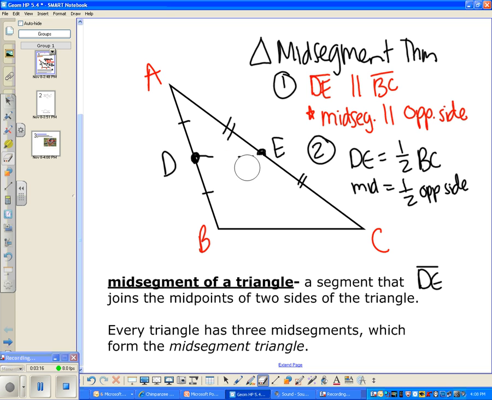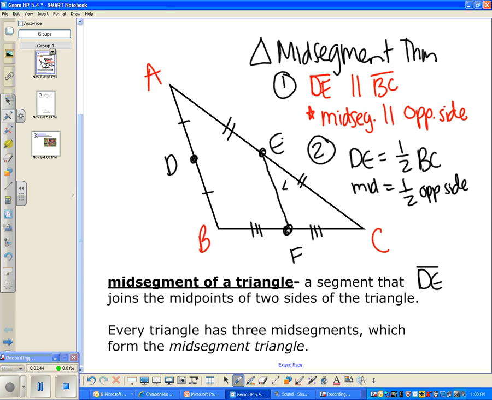The second part says that every triangle has 3 midsegments because we have 3 sides, right? We said that D was the midpoint of AB, and E was the midpoint of AC. Let's say we added another midpoint, F, the midpoint of line segment BC. So now EF is also a midsegment, and it would be parallel to the opposite side, and also half of it.